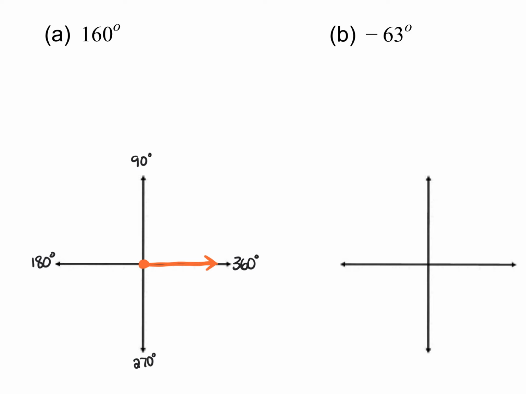So when I talk about 160-degree rotation, I have to consider where it's going to lie on the coordinate plane. It's going to be bigger than 90, but less than 180, and definitely closer to 180 than it is to 90. So I'm going to draw an angle that looks maybe like it stops right about here. Okay, so I draw in my terminal side.